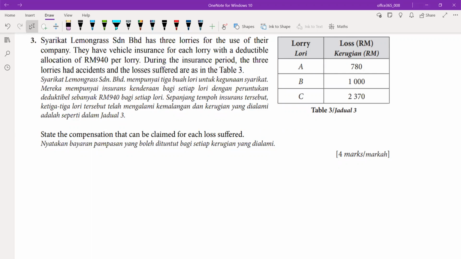Each lorry has a deductible allocation of 940. So they have an accident, and these are the accident amounts, like 780, all these things. When you look at this question, can 780 make a claim or not, because of the deductible allocation? So you have to know whether you can make a claim. I can write the answer here.